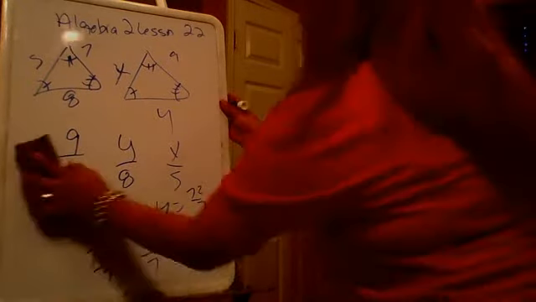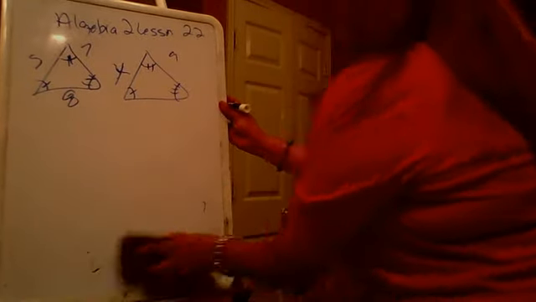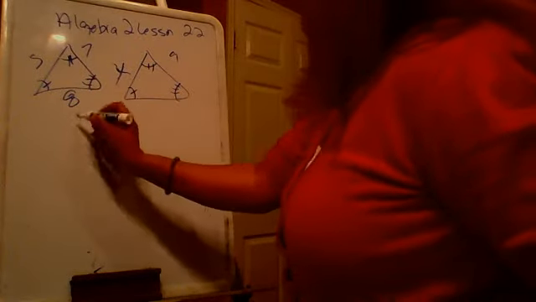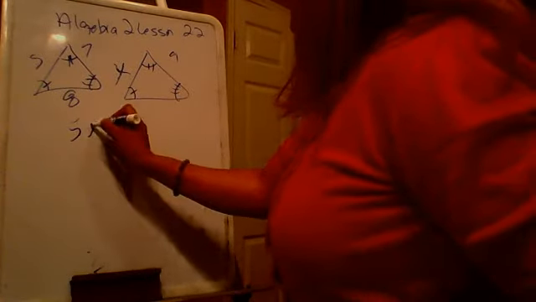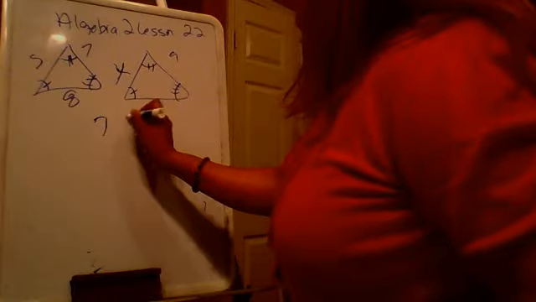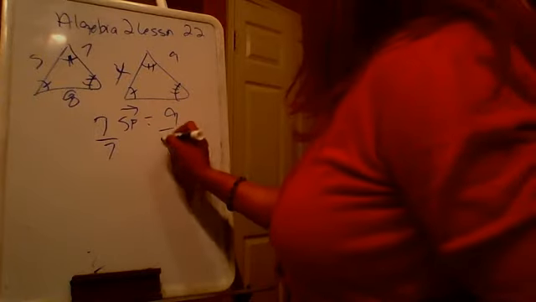Yes, that's it. Or we could use a scale factor like we did before. We could say these 2 are the same. We need to get 2 sides that are the same, with 2 numbers. So we can say 7 times the scale factor equals 9. And you simply divide by 7.